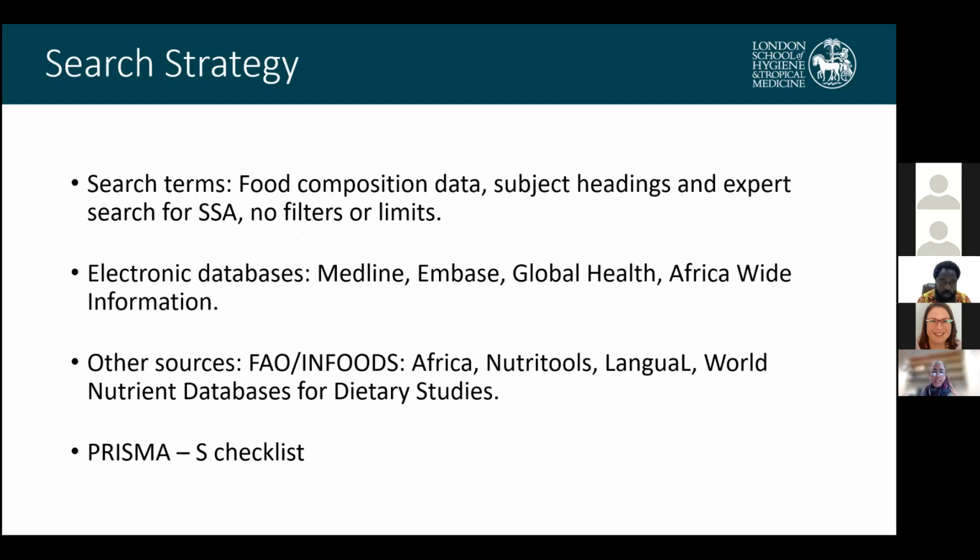The electronic databases that we searched were Medline, Embase, Global Health, and African-wide information. And then we also searched grey literature, like the FAO INFOODS website for Africa, Nutri2, Langual, and the World Nutrient Database for dietary studies. And we used the search checklist from PRISMA to ensure a systematic search.